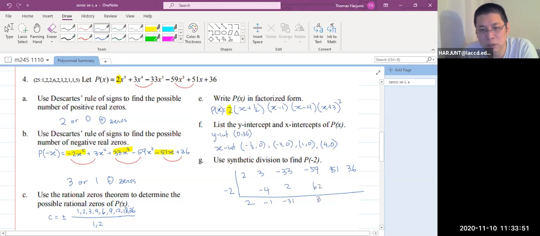So this is 3, negative 6. This is 45, negative 90. So this will be negative 54. So p of negative 2 is negative 54.